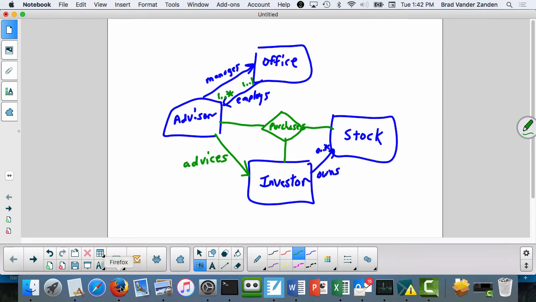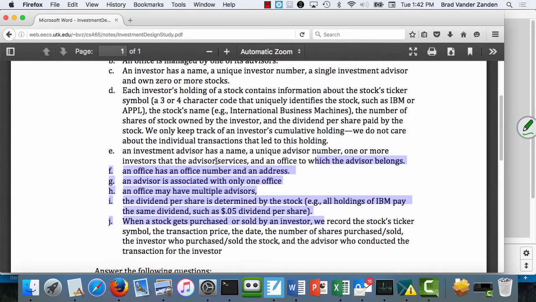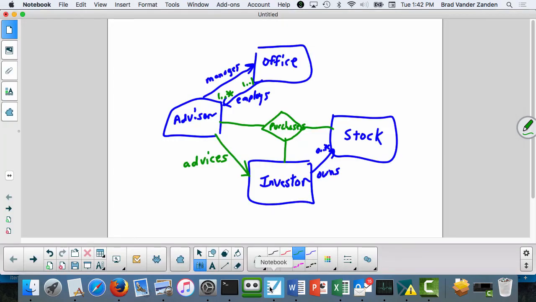Okay, so section E, someone's pointing out section E gave us some multiplicity information. So one or more investors that the advisor services. So it's one or more. And we can fill, if you go back and look, you will find that an advisor can manage 0 to 1 office, that an office is managed by one and exactly one advisor.